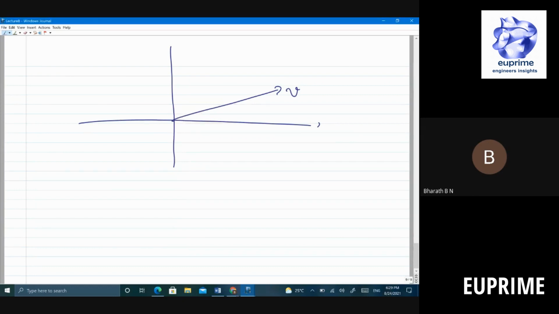What will Av do? v is, let's say, 2 cross 1, and Av will also be a 2 cross 1, let's say A is a 2 cross 2 matrix. What is the effect of multiplying a vector by a matrix? You'll get another vector, right? Av is another vector in R2. So let's say it is somewhere here. This is Av.